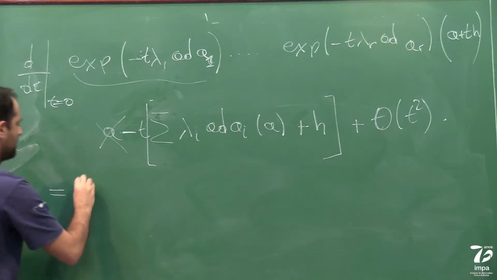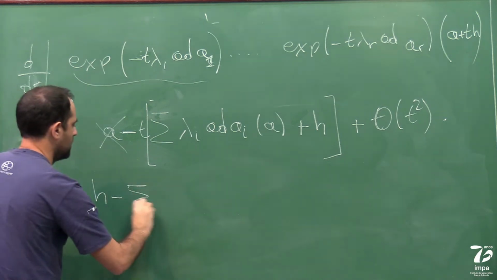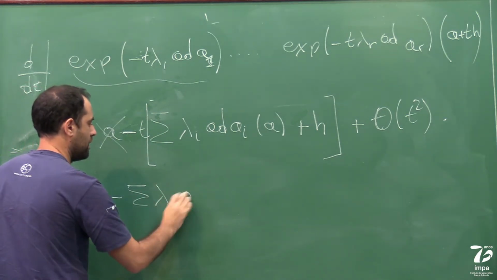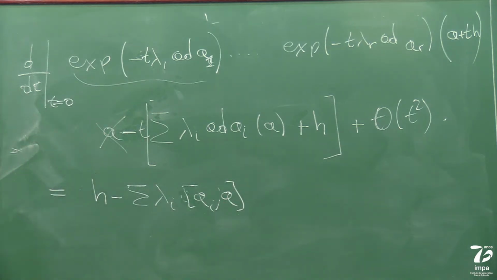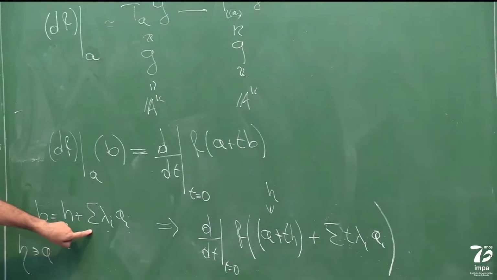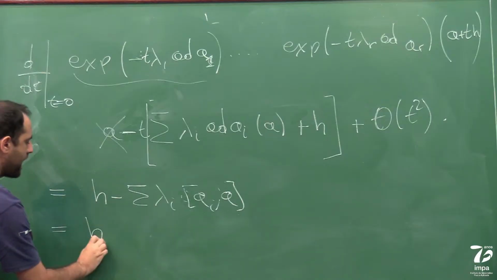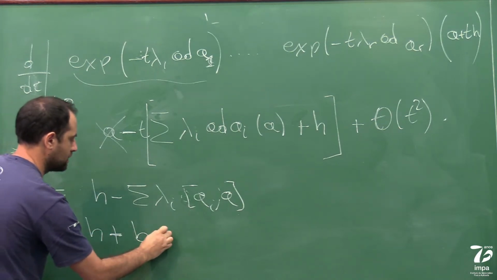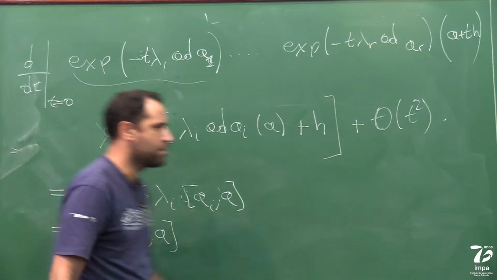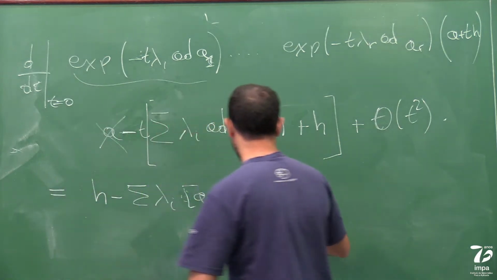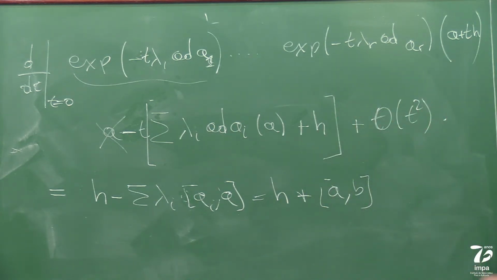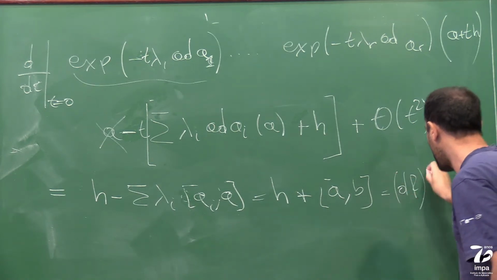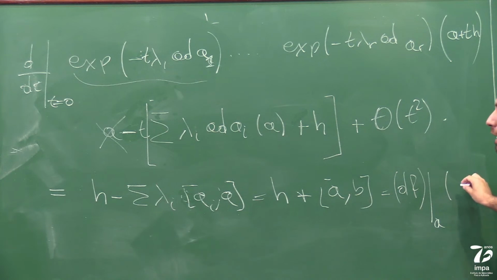So this is H minus the sum of lambda I AI bracket with A. And remember, since we wrote B as H plus the sum of lambda I AI, this is the same as H plus B bracket A, or the other way around, A bracket B. So this is H plus A bracket B. Okay, and this is the differential of F at the point A evaluated at the point B. No, there's something wrong.